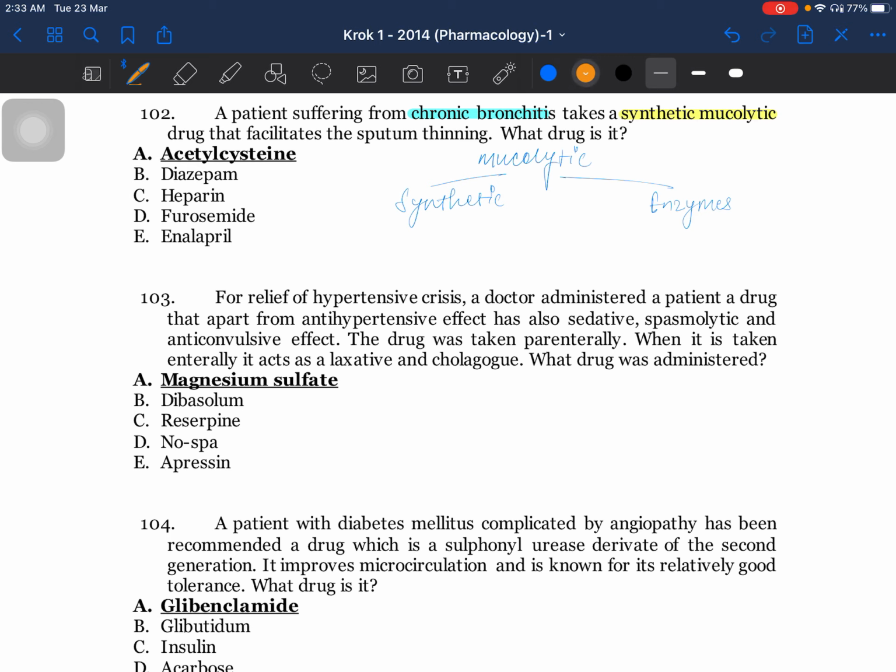Under the synthetic drugs, we have acetylcysteine and we also have ambroxol. In the case of enzymes, we have trypsin, chymotrypsin, and ribonuclease.